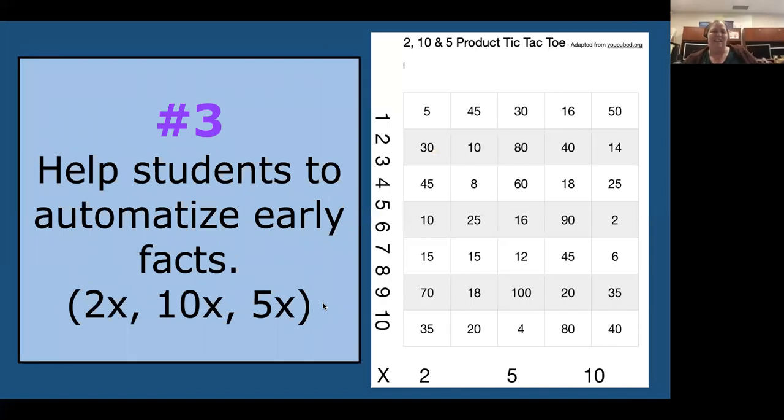All right. As I said earlier, we need to help students to automatize those early facts. Remember, these are 4 things teachers can do to help students be able to decompose a factor. And in order to have another fact to lean on, they need to know those ones. So we saw here, Kale knows very clearly 8 times 10, and she wants to use that.